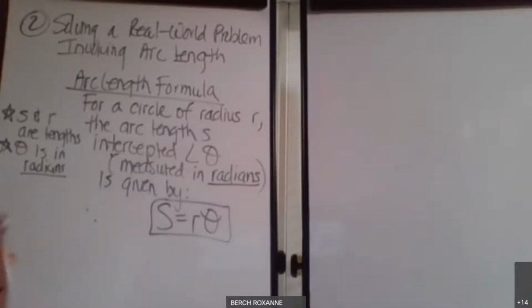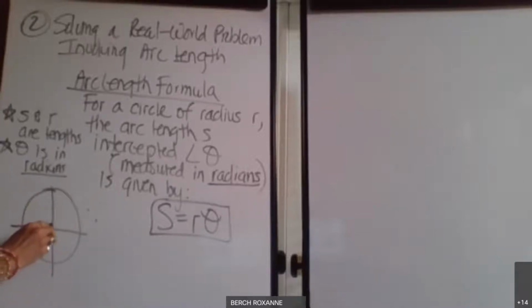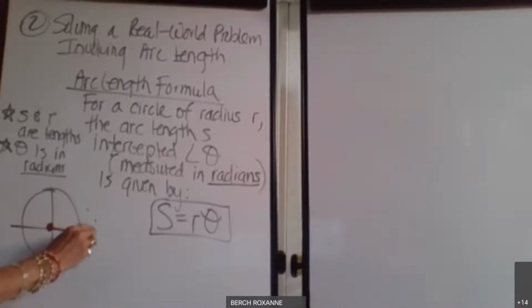So let me draw a picture for you. So there's your circle, and there's your central angle. And this would be your radius right there, not that whole thing, just to the into the circle.